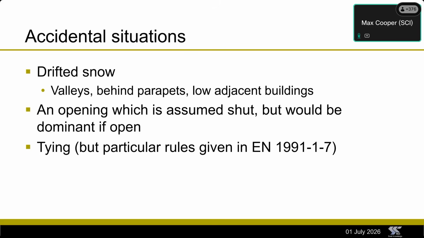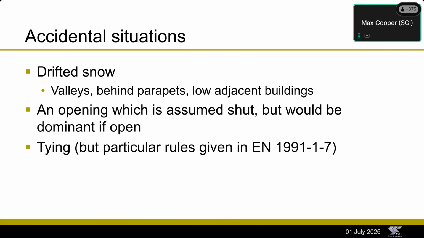The second scenario where these accidental combinations should be used is when an opening is assumed to be shut, but it would have a major impact if it was open. The Eurocode permits you to assume that an opening can be expected to be closed, and to assume that's no problem. But you should consider the case where it is still open, and that can be considered as an accidental design situation.